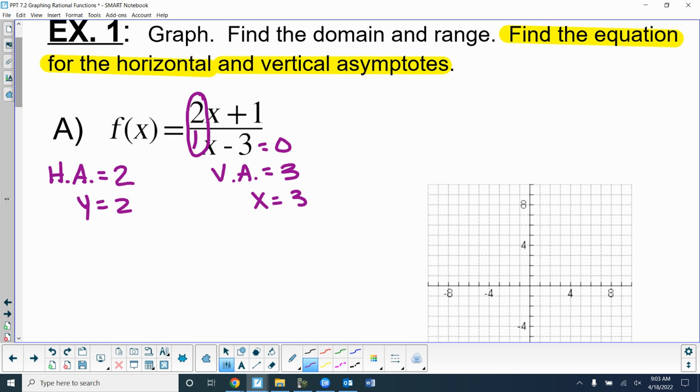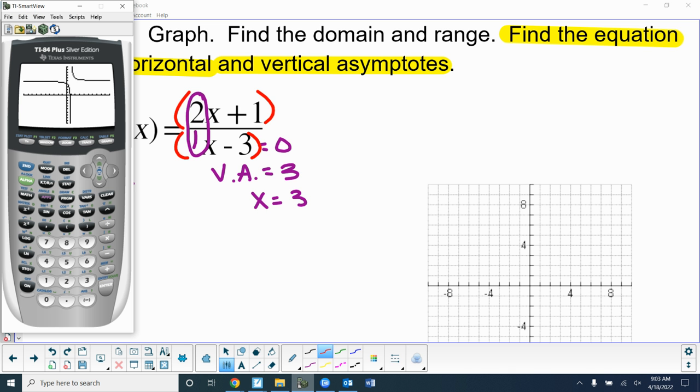So when I put in my calculator, remember, I put those in parentheses. So go to your y equals, clear that out. Now parentheses, 2x plus 1, close it, divided by parentheses, x minus 3. So again, that's important.